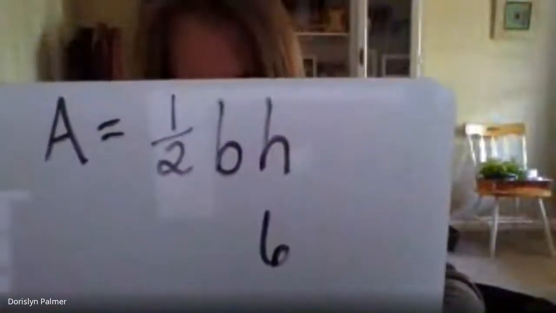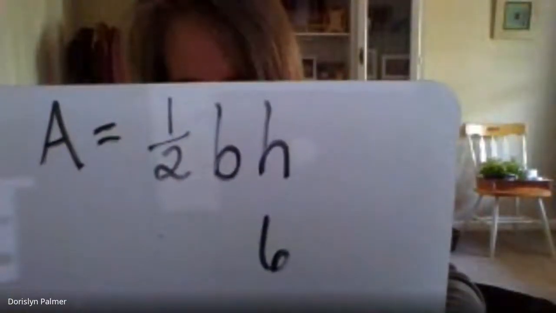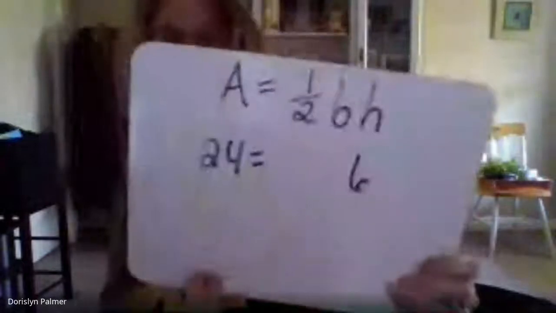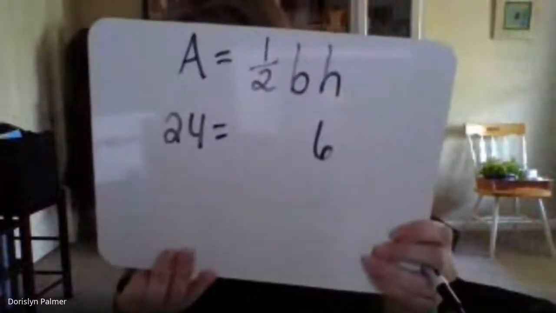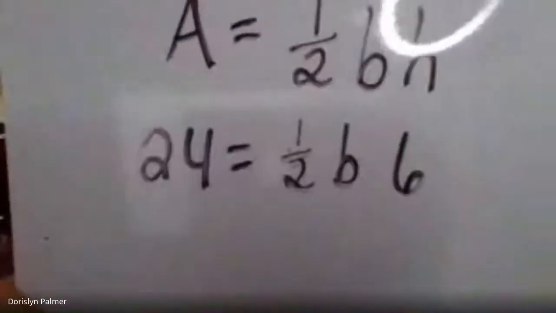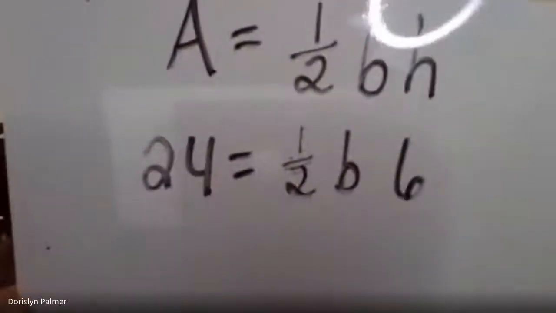So under H, we're going to write a 6. It has an area of 24. We're going to write 24 under area. Okay, and we have the 1/2. The thing that we don't know is B. We have to figure out what B is.